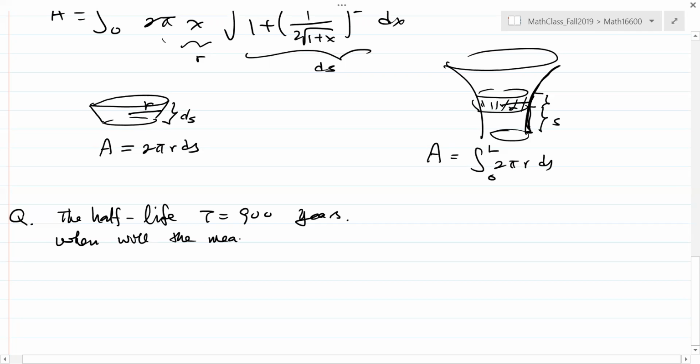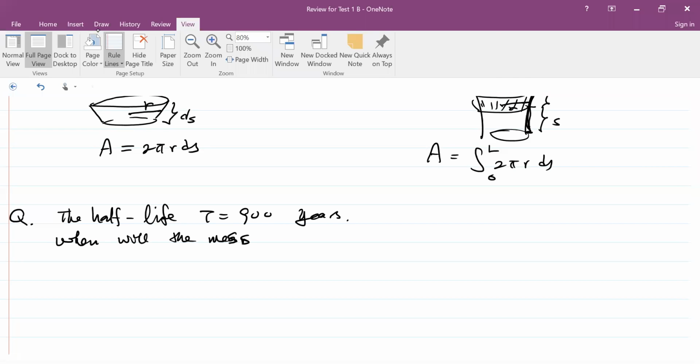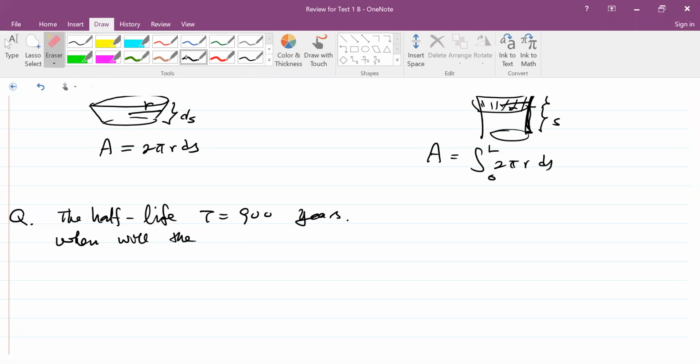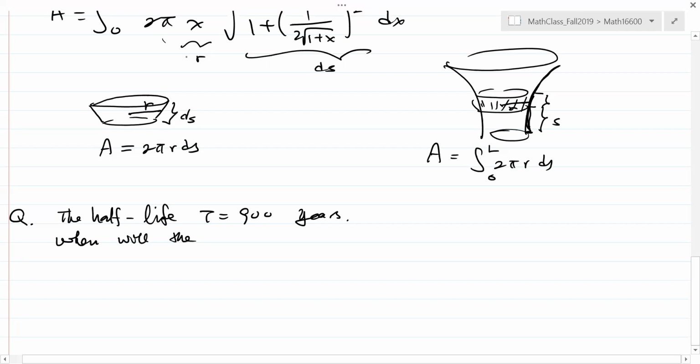I'm surprised, because this is a problem I put on a previous test, and this is a shortcut I don't want. You should be able to do this in general, instead of assuming 10% or 5%. 12.5% is half-life, half-life, half-life. How many times? Half-life gives 50%, another half-life 25%, then another. That's the shortcut, but I did not know students would use that method, and you shouldn't use it. Let's do it a little bit more generally.